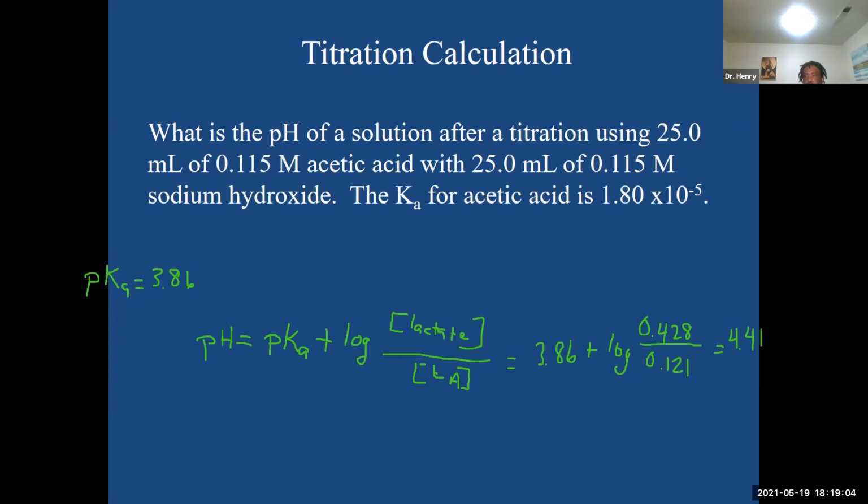Your pH for your equivalence point. Weak acid, strong base. Would it be greater than 7? That's right. So in this case, we would expect the pH to be greater than 7, right? Did you get that?